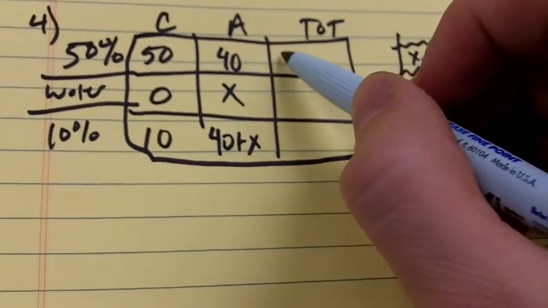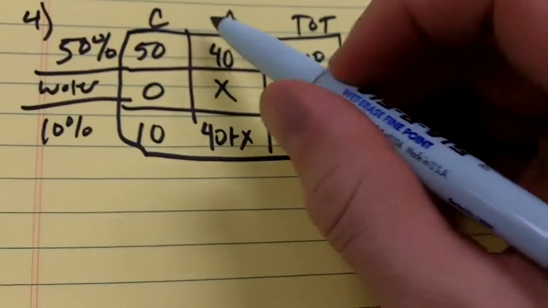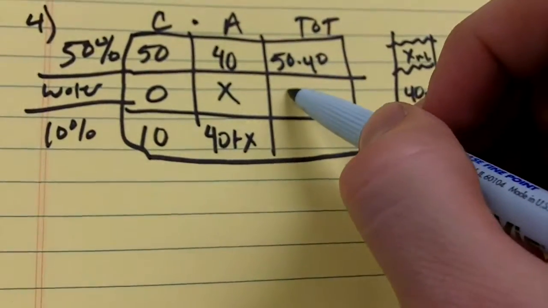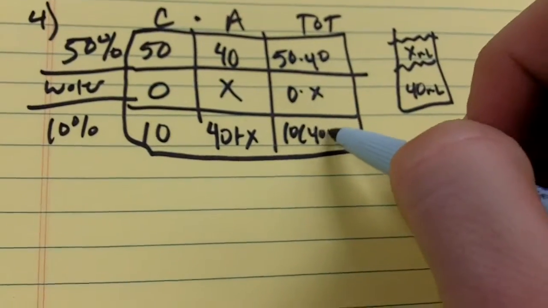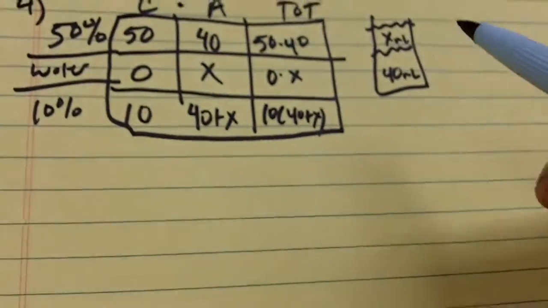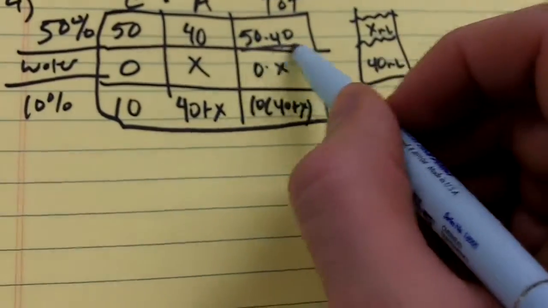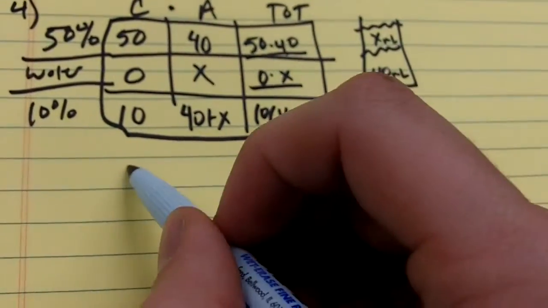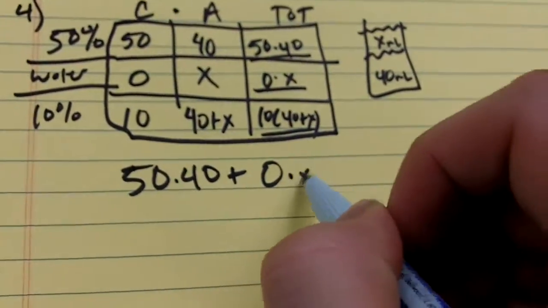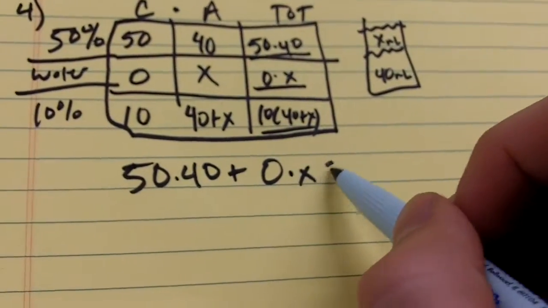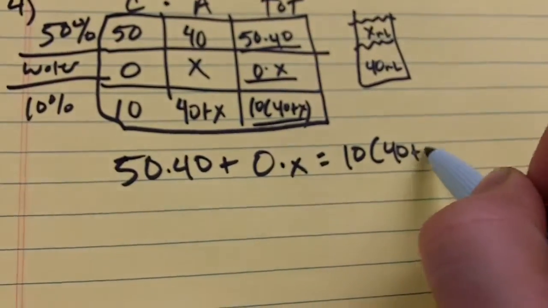What's the total? Multiply, like always, concentration times amount, 0 times x, 10 times (40 plus x). Let me set up the equation just like always. We're going to take this one plus this one equals this one. And I know this is going to look kind of dumb. I'm going to write it out anyways, and then I'll get rid of it. 0 times x because we know what that is. 10 times (40 plus x).